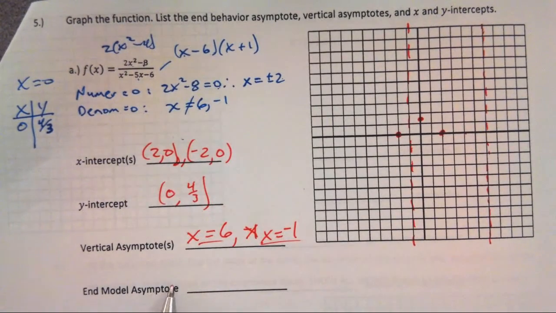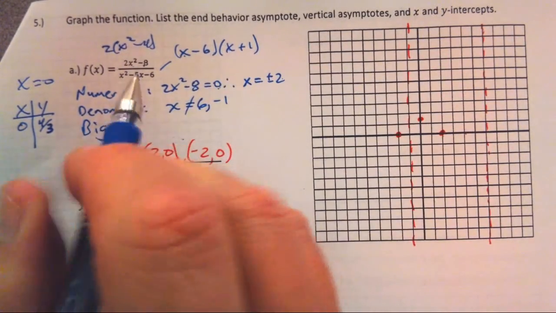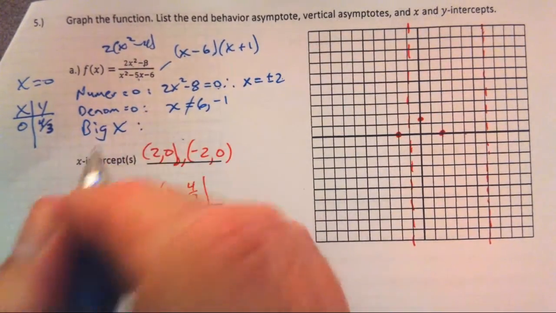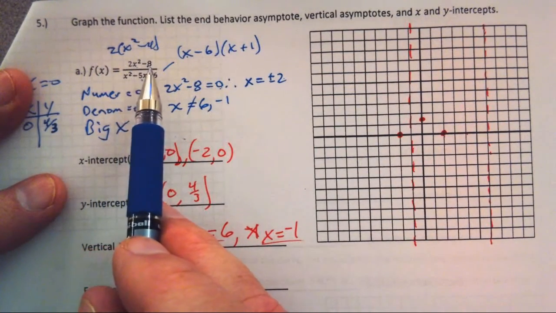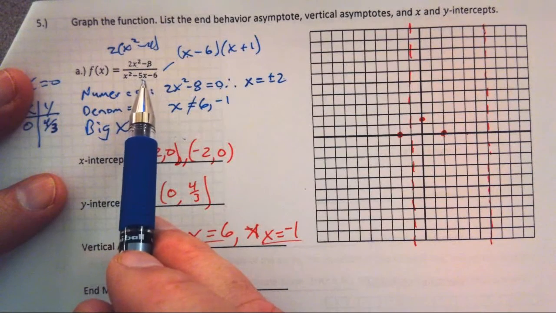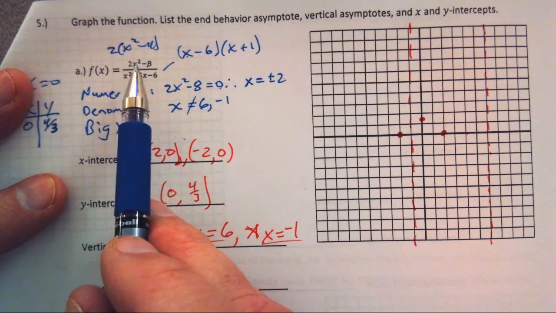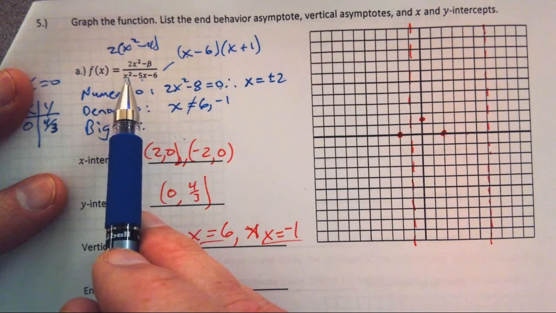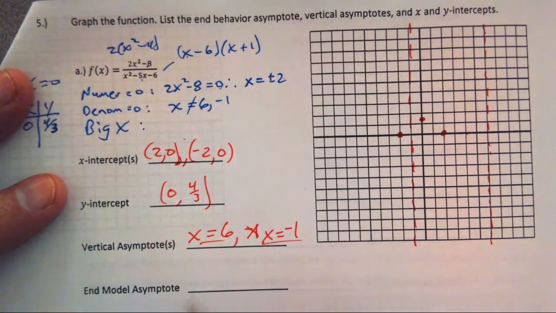End model asymptote. The end model asymptote is what I refer to as the big X test. It's what our limits are as x approaches infinity. As x approaches infinity from the positive side, the 8 becomes insignificant, the 5x minus 6 becomes insignificant, and it wants to look like 2x squared over x squared. The x squareds cancel. This graph just eventually wants to look like 2.